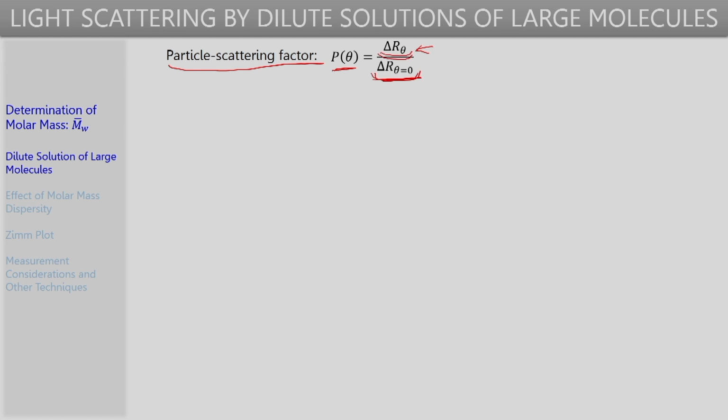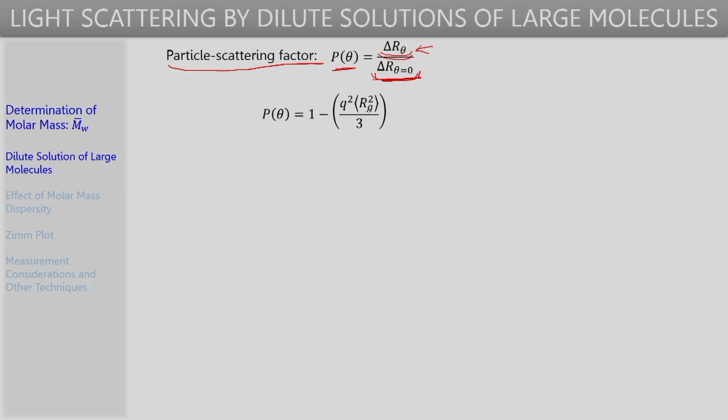Now this particle scattering factor P theta, we discussed that at very small scattering angles, which corresponds to what is called the Guinier region, the expression for P theta becomes independent of the shape of the molecule.